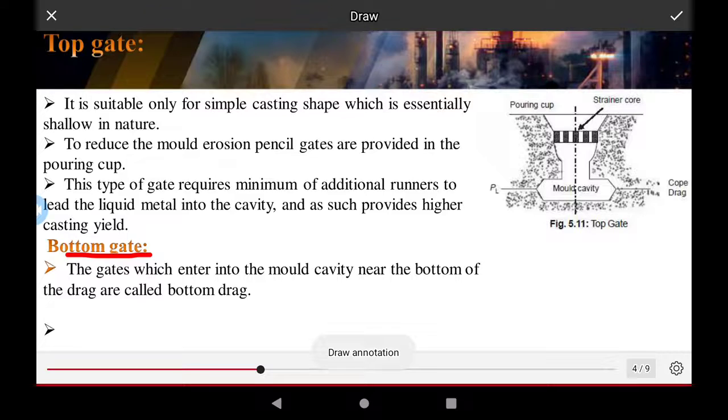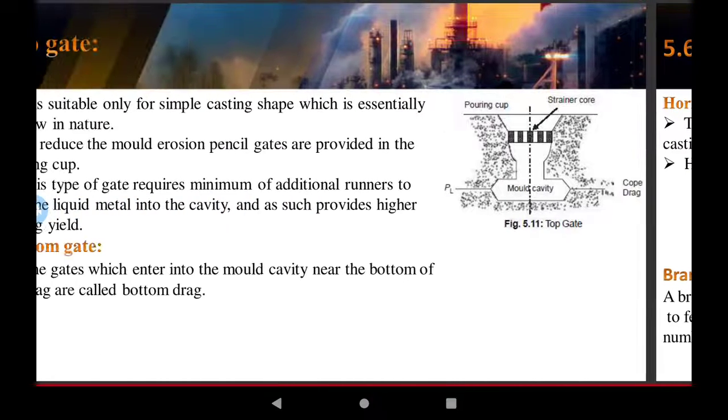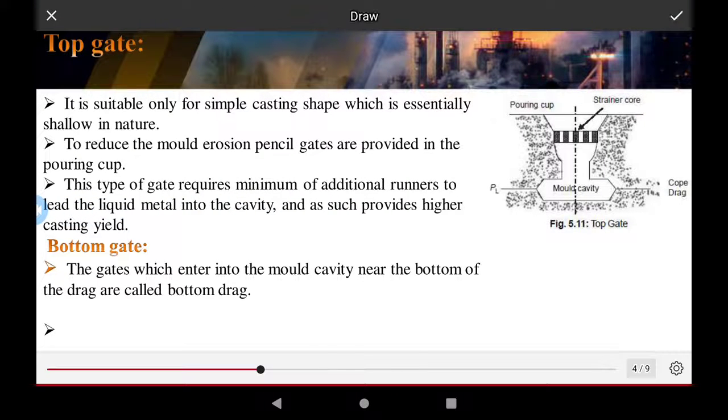The bottom gate: the gate through which the molten metal enters the mold cavity from the bottom of the drag is called the bottom gate.